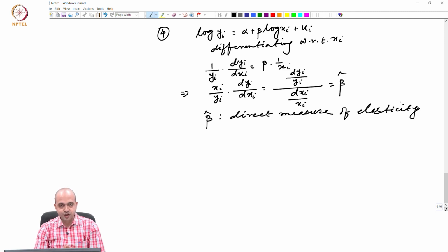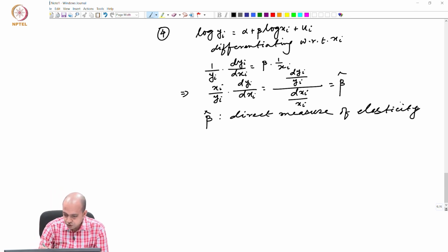This is a quite interesting and useful model. Whenever you are interested in estimating direct elasticity, transform the model into log, and from the log transformation you will get beta hat as a direct elasticity measure.